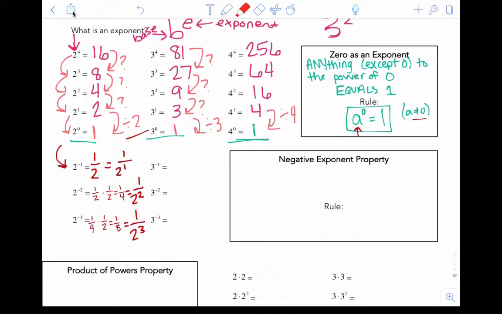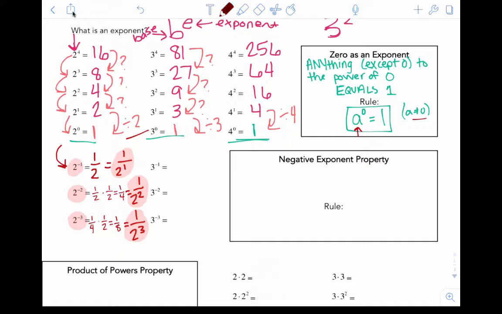So if we look at patterns here, we have 2 to the first, and then 2 to the negative first is the same as 1/2 to the first. And then 2 to the negative second is the same as 1/2 to the second. And then 2 to the negative third is the same as 1/2 to the third.